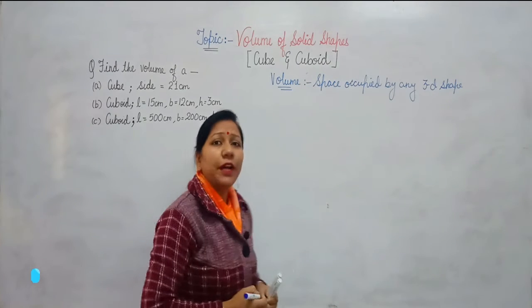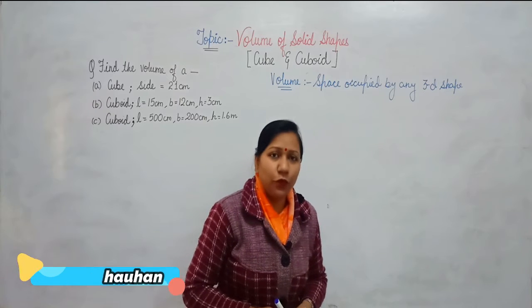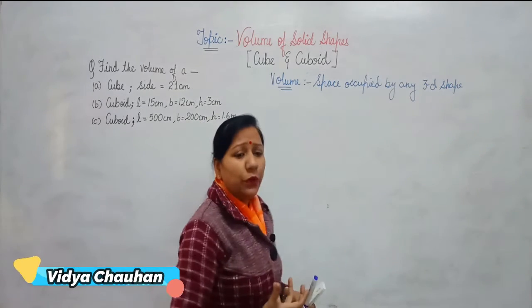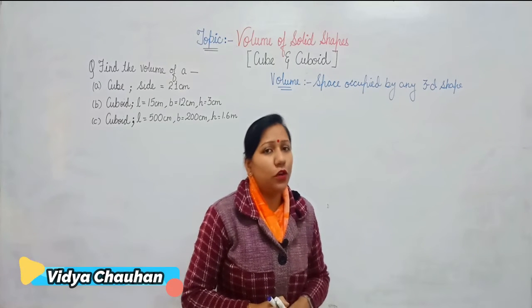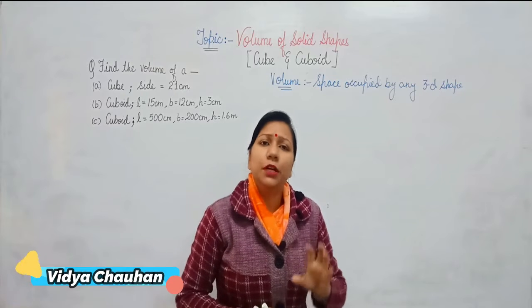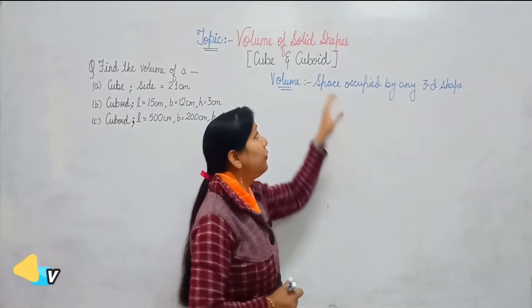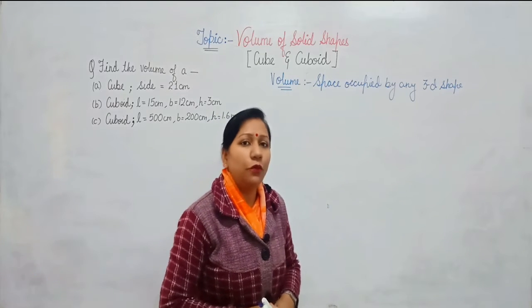So the space occupied by a 3D shape is called its volume. If I talk about a 3D shape, you can take any shape, for example a pencil box or a ball which is spherical in shape, so the space which is inside that shape is actually called the volume. The space occupied by any 3D shape is called its volume.